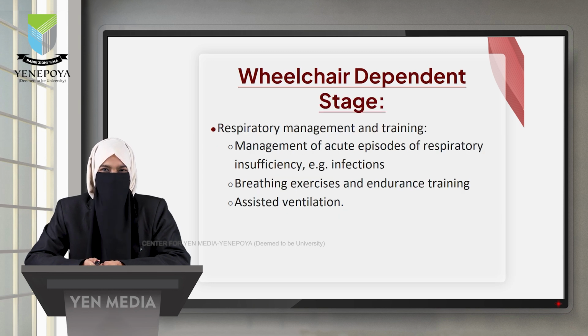Wheelchair dependent stage. Once they reach this stage, the major focus will be on respiratory management and training, management of any acute episodes of respiratory insufficiency, any kind of infections, breathing exercises and endurance training, and any use of assistive ventilation.